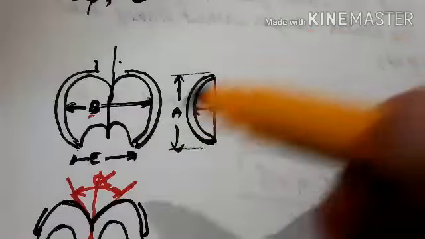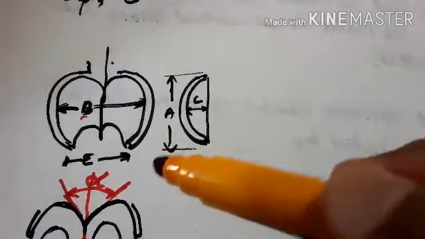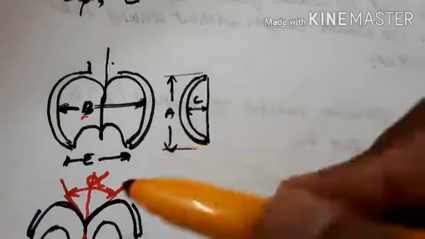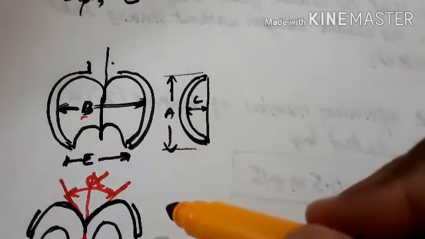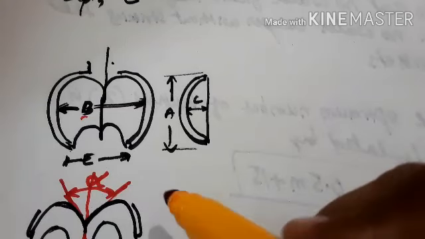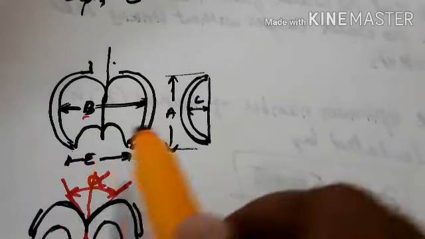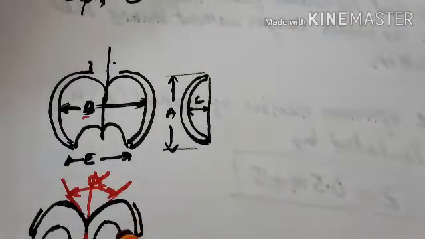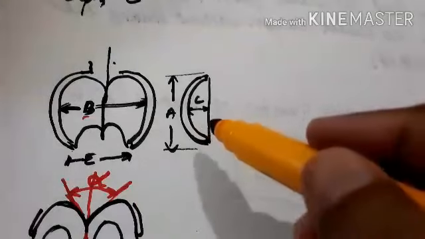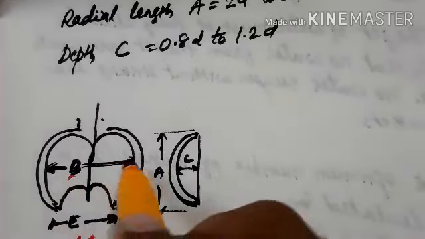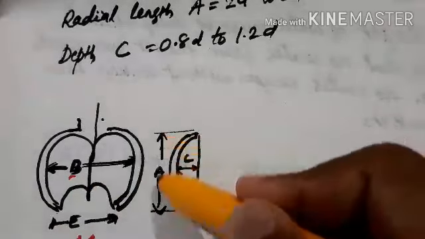When you join two spoons together, the shape you get is the picture of a Pelton wheel bucket. So we need to proportion all these lengths: axial width, groove width, radial width and depth of the bucket.